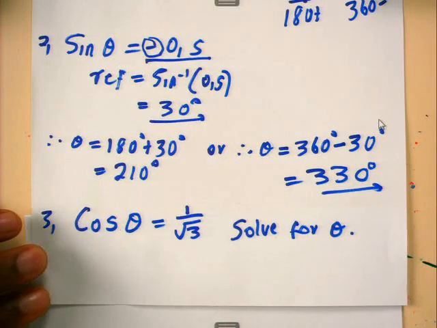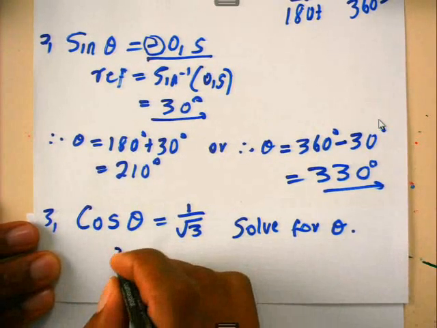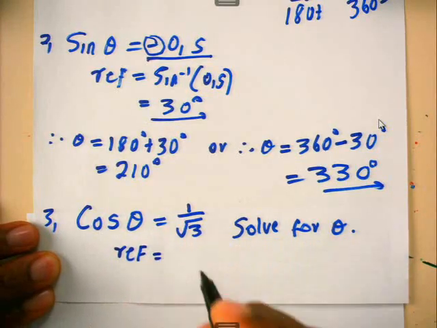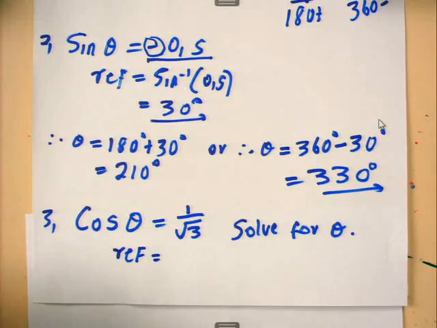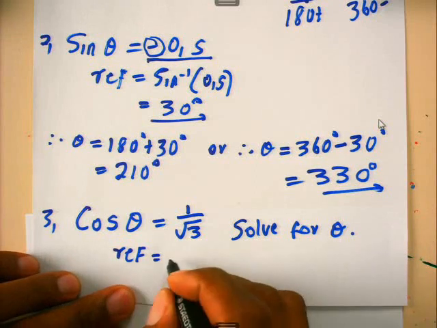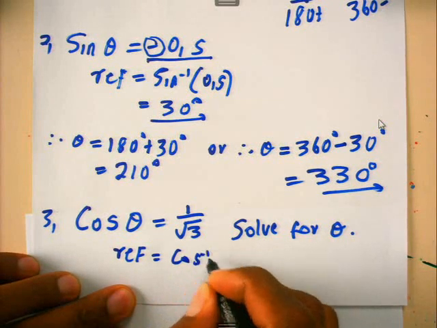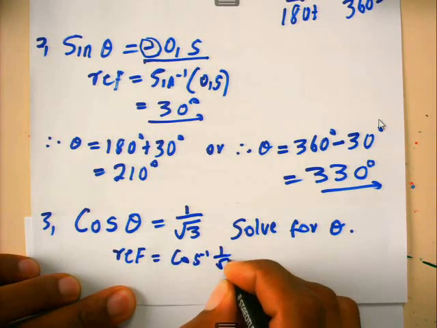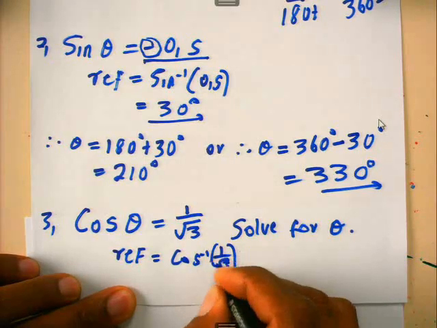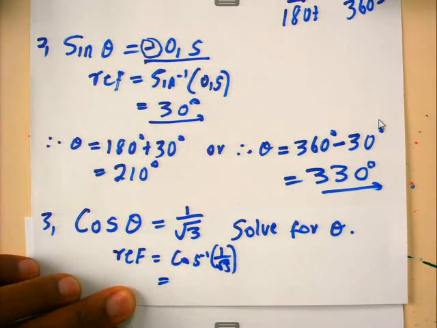Of course, the first thing that we need to do, like we did with the previous examples, is to say, okay, first of all, we need to have the reference angle here. Right, how do you determine the reference angle? Of course, that will be the inverse of cos 1 divided by square root of 3. Remember always, this must be positive because now we have this in the first quadrant.